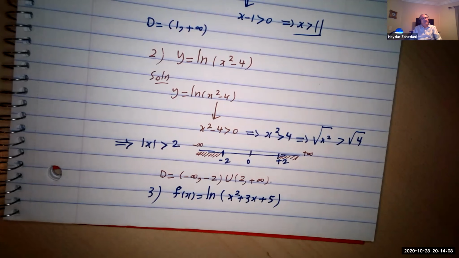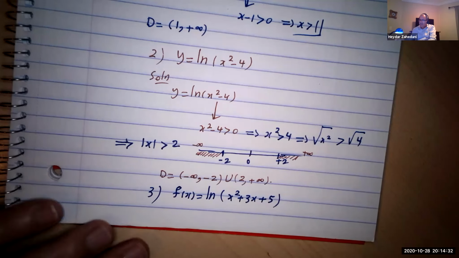You see, this is the one. Again, you know that this function is defined if the inside is positive. And the inside is a quadratic expression. Remember, we have something we call polynomial inequality. We checked that one before.